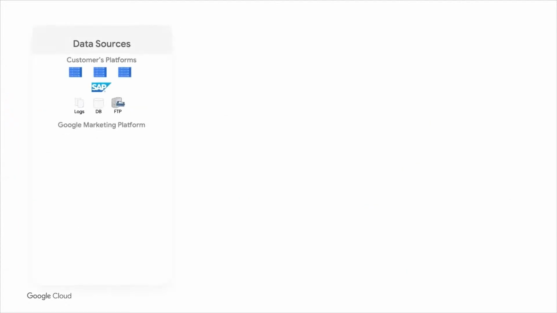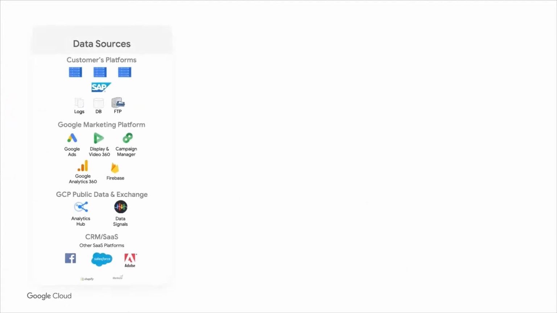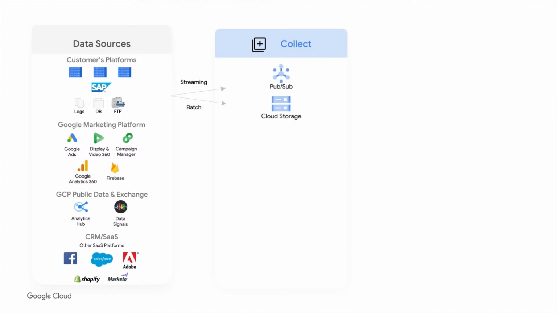Outside of native connectors, for example, your on-prem data sources, Google Cloud also provides many options to collect and transform data. For the technical practitioners out there, even though there are many product logos being shown here, a key takeaway is you will only need to choose the option that best fits your data collection strategy. Like for streaming, you need to use Pub/Sub. For batch, it will be Cloud Storage.